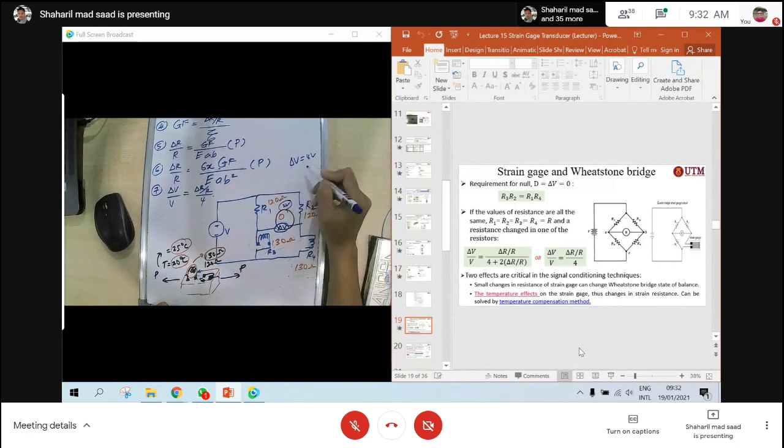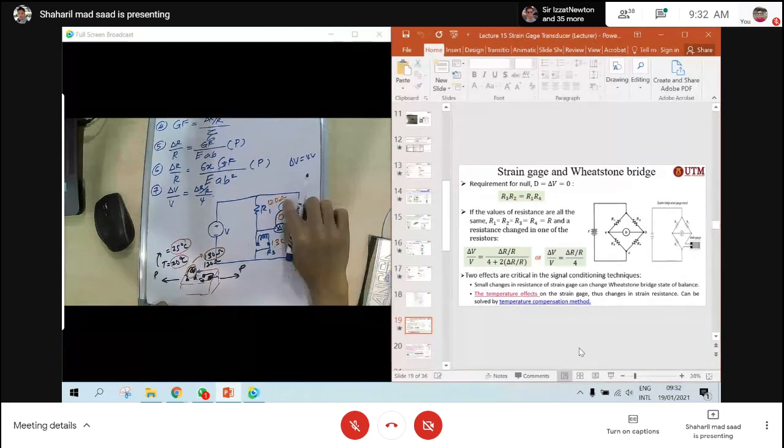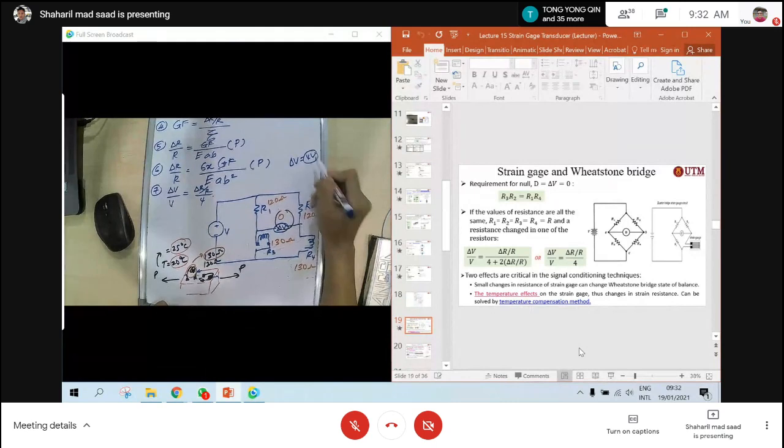So the real one is 4 volt minus 2 volt, for example your offset value. So if you can maintain your offset value equal to 0, that means you don't need to subtract.